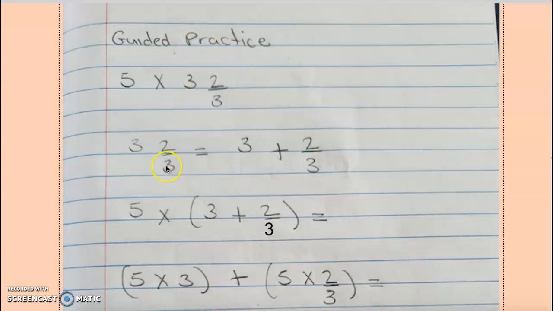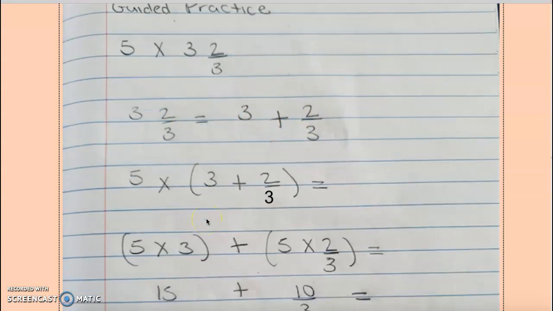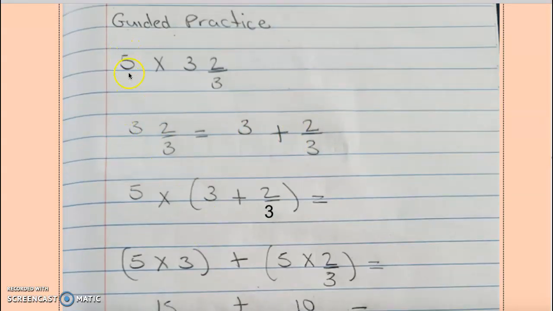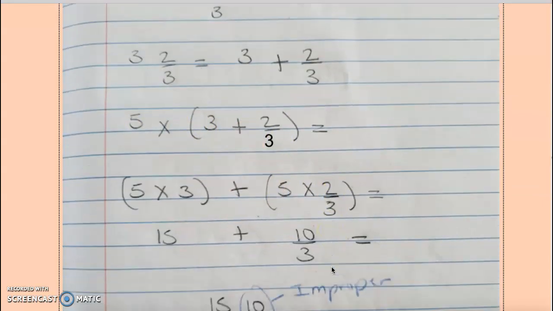So 3 and 2/3 is equal to 3 plus 2/3. Then now that I've separated, I'm able to multiply the 3 and 2/3 as the expression by 5. So 5 times 3, I'm going to write that here, and I'm going to put my addition symbol, and then 5 times 2/3, which I wrote here, and then I can actually solve.